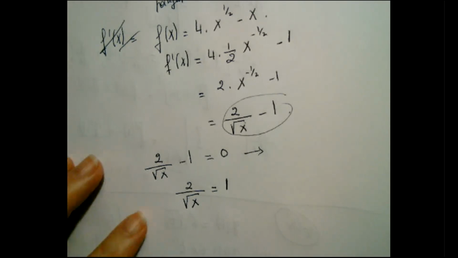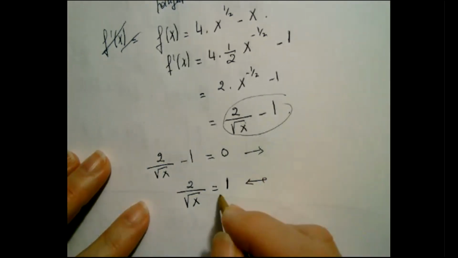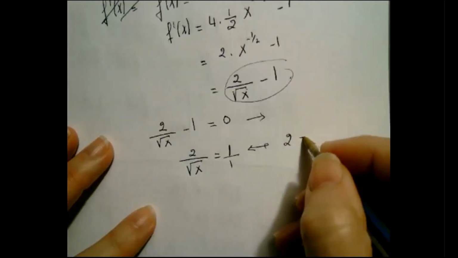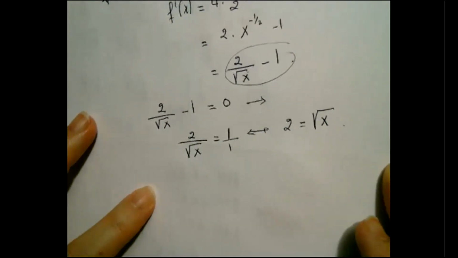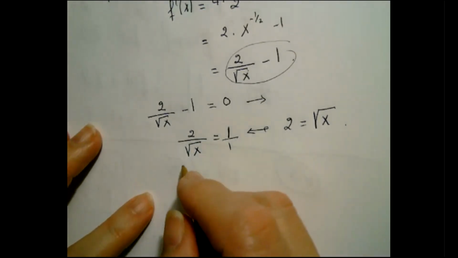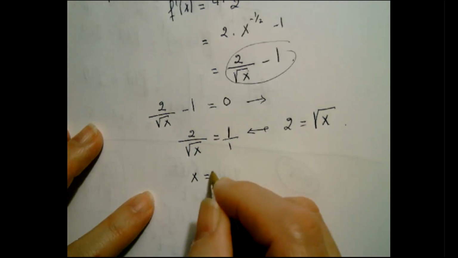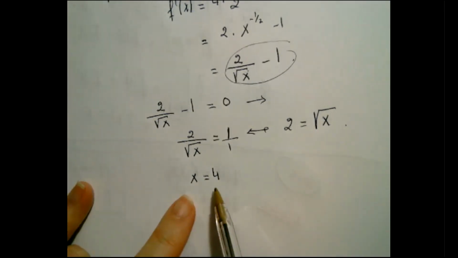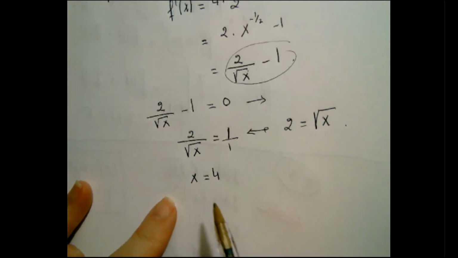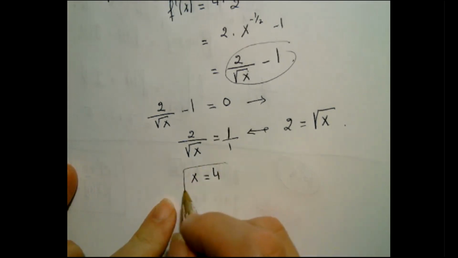That's the only way we can do it. If we cross multiply, this will give me 2 equal the square root of x. Now I need to solve for x. I square both sides and I will get x equal to 4. Okay, so the slope is horizontal for x equal to 4. Now, these are the values of x.